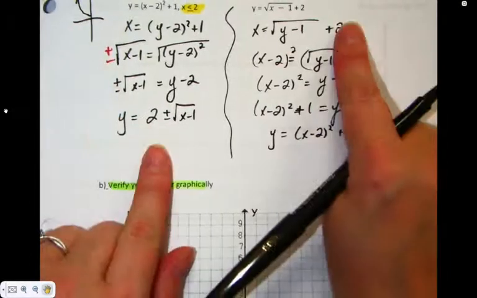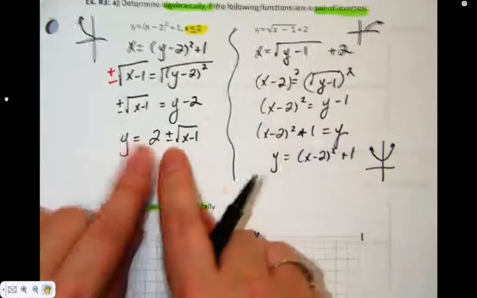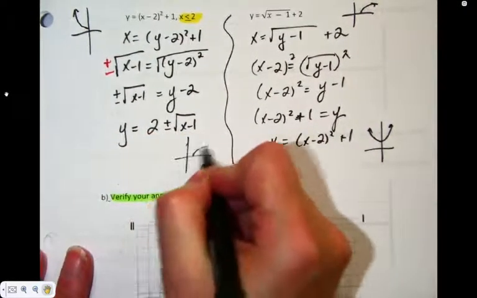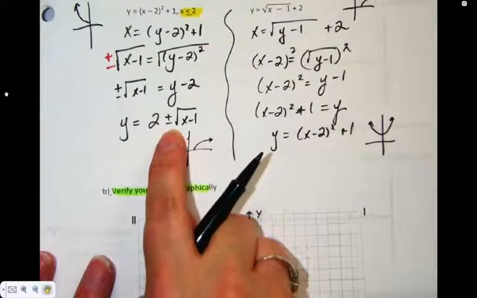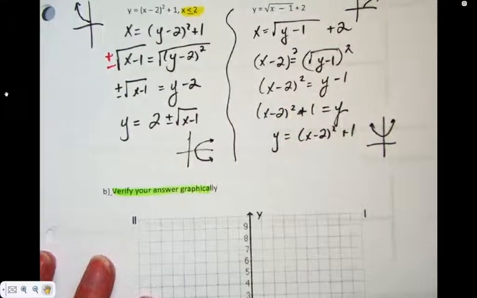Are these the same thing graphically? No. Well, let's compare here. This we know is our swoosh, and we know it's been moved over a little bit. What's this plus and minus stuff? Well, that's a positive swoosh, and the negative will be a vertical reflection. It's the other half of the swoosh. So are these inverses of each other?